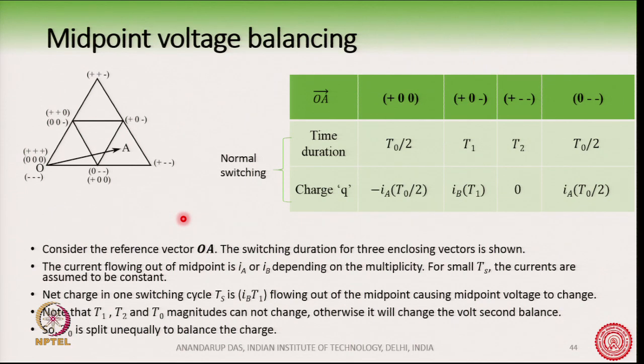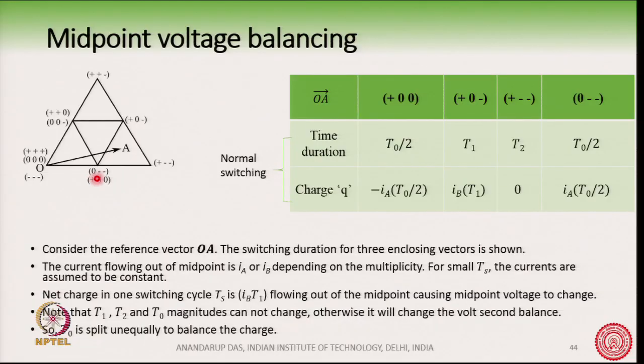But here, what is the degree of freedom we have? One degree of freedom that we have is we are using this vector 2 times, and now we are saying that okay, we will use this vector 2 times, but of unequal duration, that is, T0 by 2 and not T0 by 2, something other than T0 by 2 for this 2 times here.